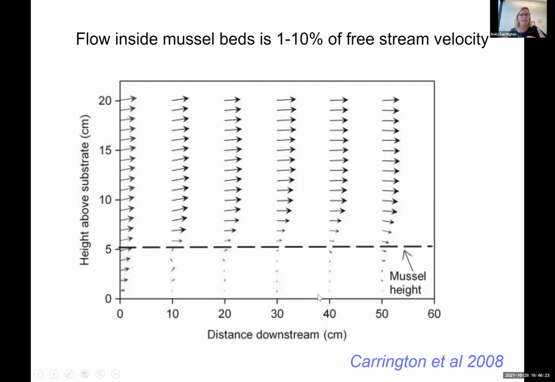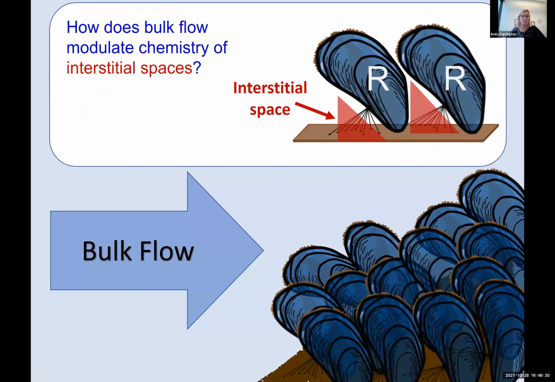So when you have really stagnant water, that means there's not much flushing, and that lends itself to a problem where there could be buildup of metabolites in and amongst the mussels in those interstitial spaces. Here's that bulk flow going across the mussel beds, in this red area in between the mussels.